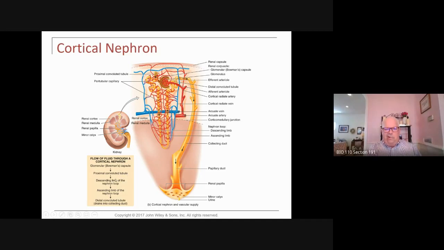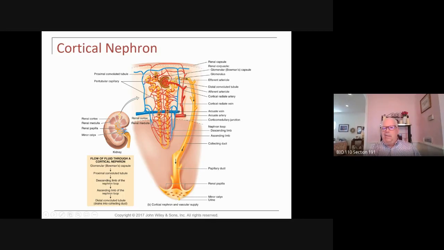It then goes into the descending limb of the nephron loop, then the ascending limb of the nephron loop, then the distal convoluted tubule, and then drains into the collecting duct.